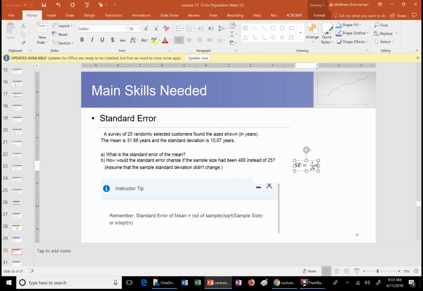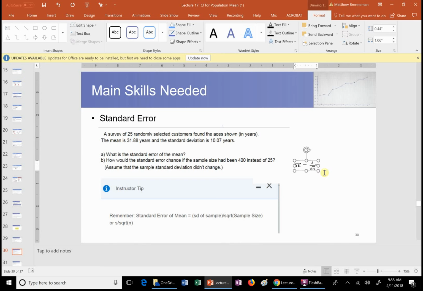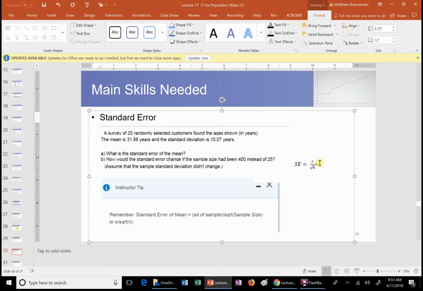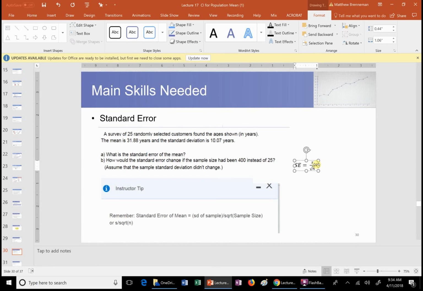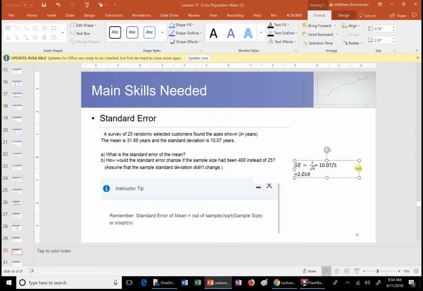So it's 10.07. And I'm just going to write it like this because this is going to be a bit of a pain. Divided by the square root of 25. That's our sample size, which is 5. And you go ahead and do this, and you should get 2.014. And that's our standard error.